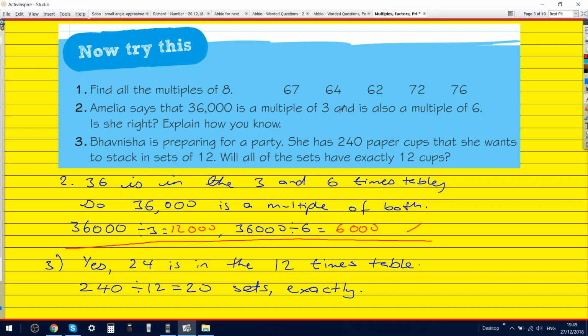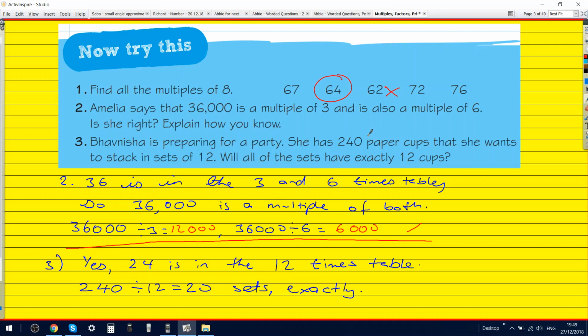Well, I think 64 is one of them because 8 times 8 is 64. Yeah, that's correct. 60 and 62, that's not in the 8 times table.